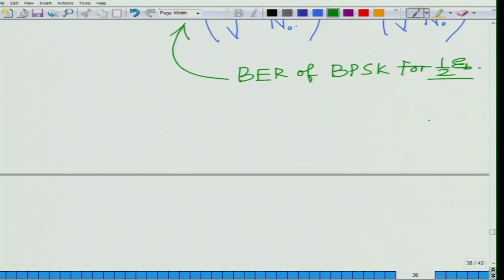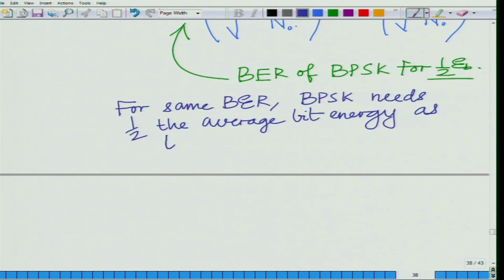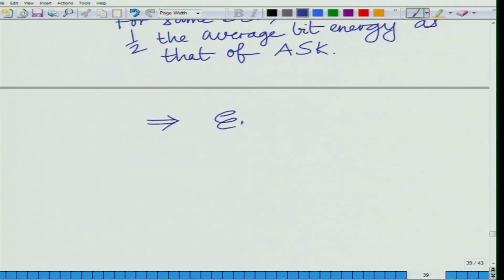So, for an identical bit error rate, BPSK requires half the average bit energy of amplitude shift keying, which implies that the energy per bit of BPSK equals half the energy per bit of amplitude shift keying.